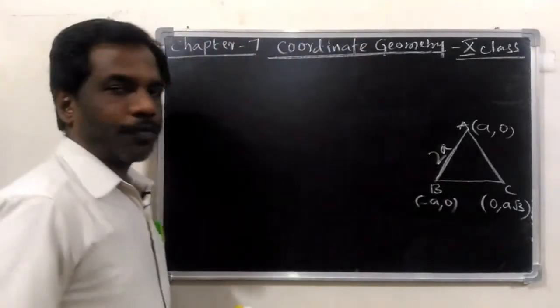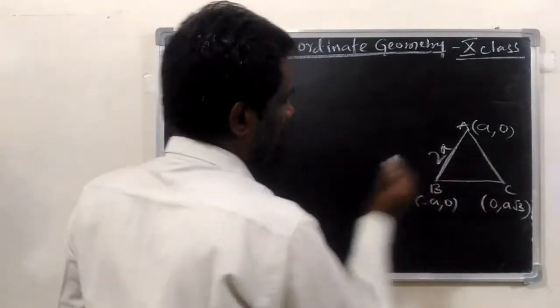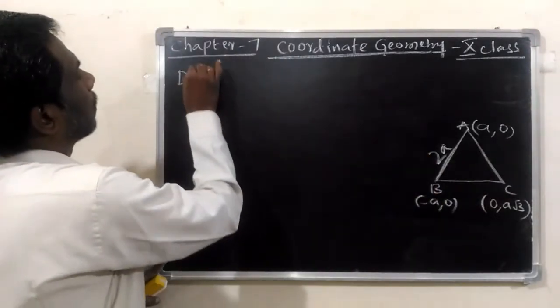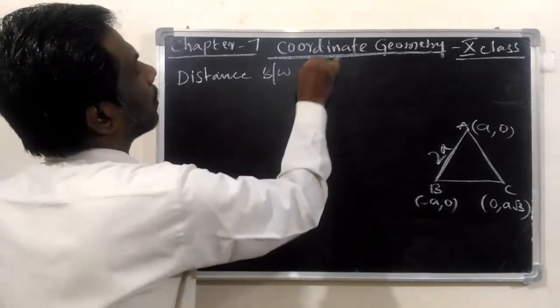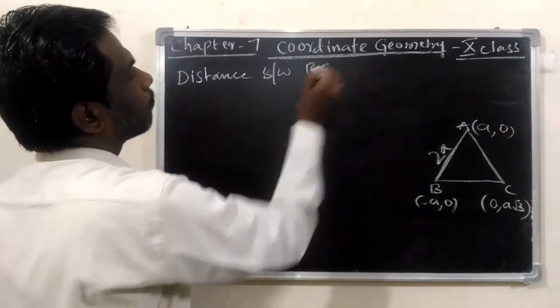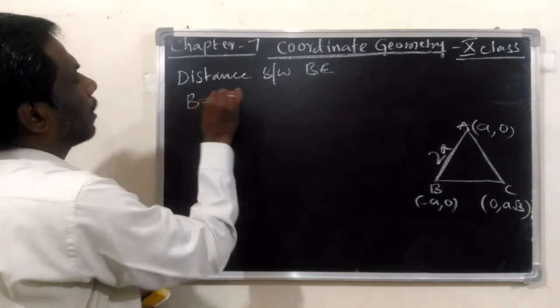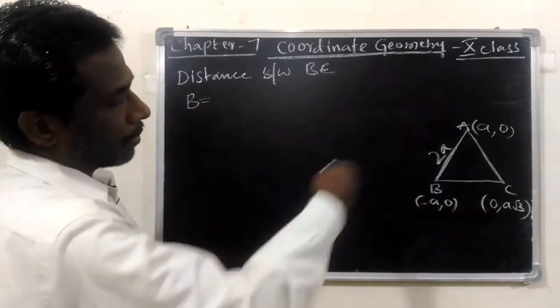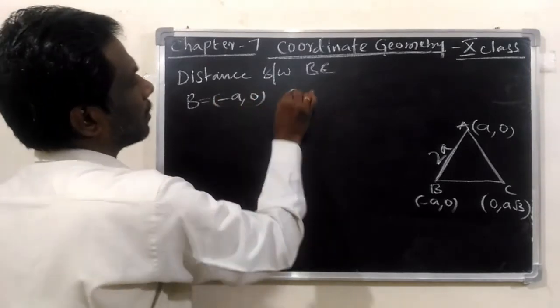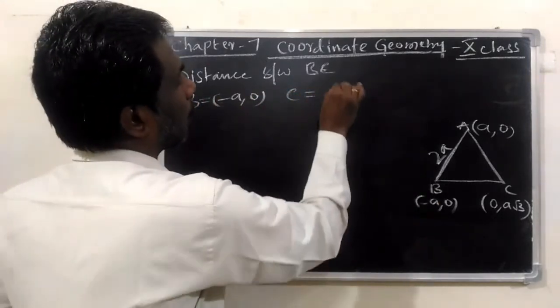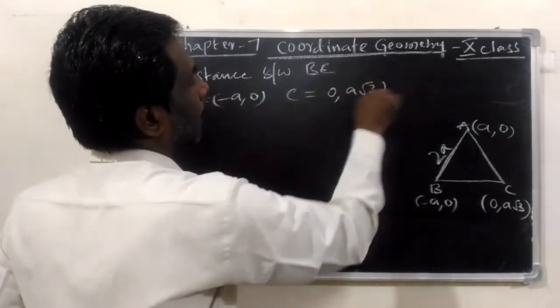Now we need to find the distance between BC. B is (-a, 0) and C is (0, a root 3).